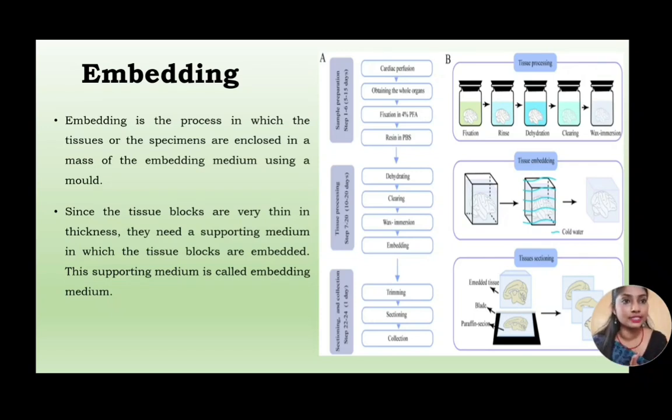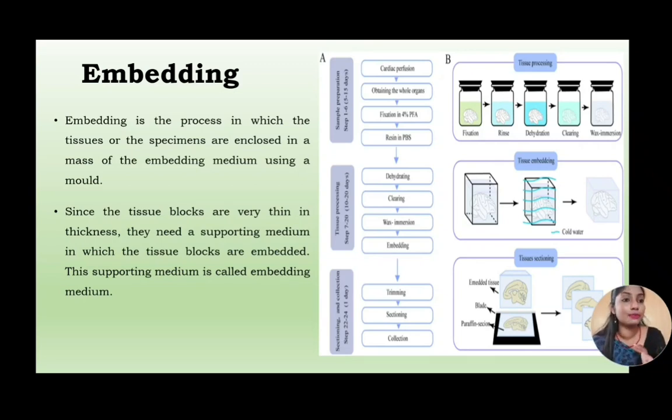In the image to the right hand corner, you can see how the tissue is being processed in 3 different steps. The second step is all about embedding. Here you can see that the tissue is first fixed in a media, then it is rinsed, dehydrated, and then it is immersed in wax. This wax immersion is nothing but embedding, so that once the wax solidifies or cools down, it becomes a solid block which can then be subject to sectioning using a microtome.